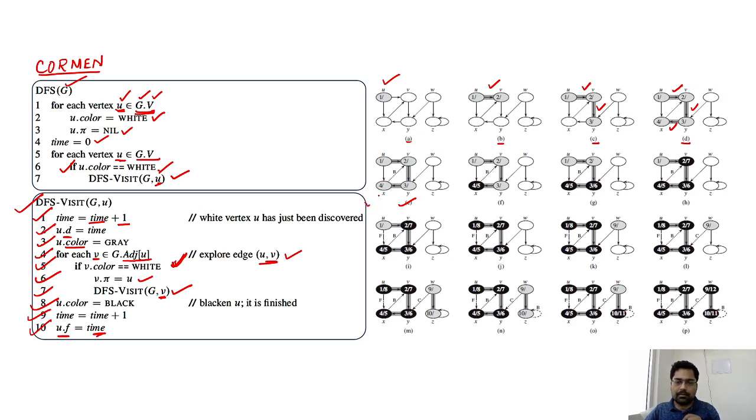Now we are at x and we check whether anyone connected with x is not yet visited. No. How do we get to know? Through the if condition. A connection was there, but it is already gray, which means it is visited. So no need to change it.